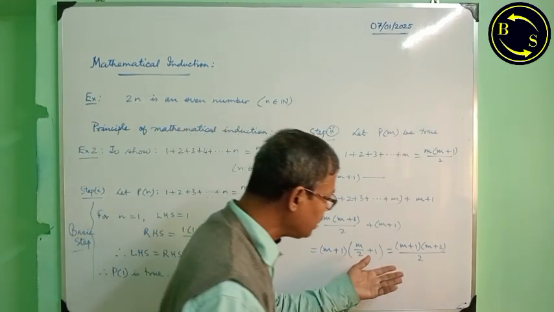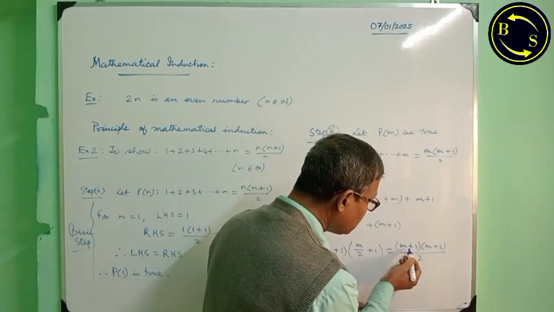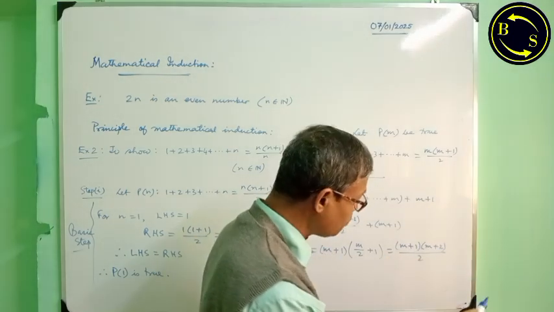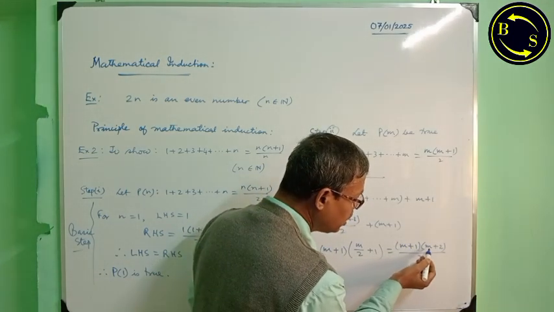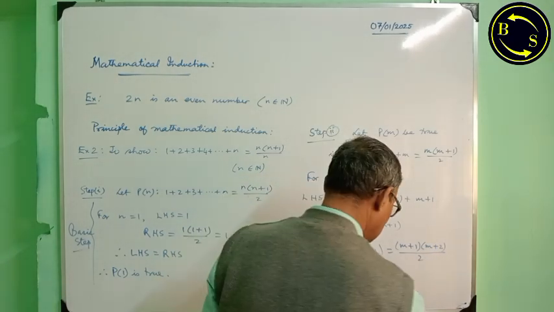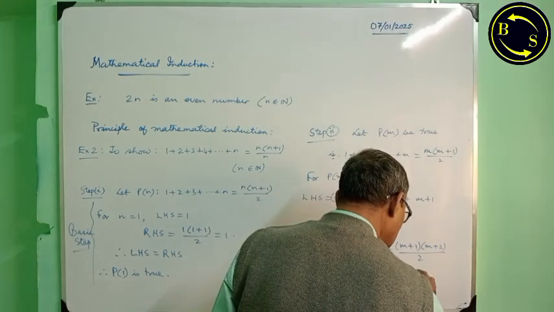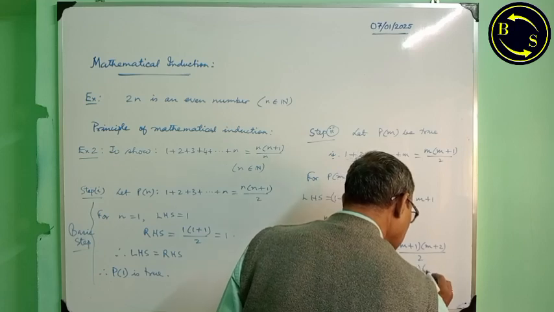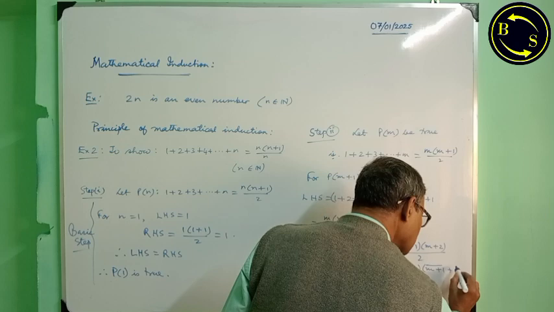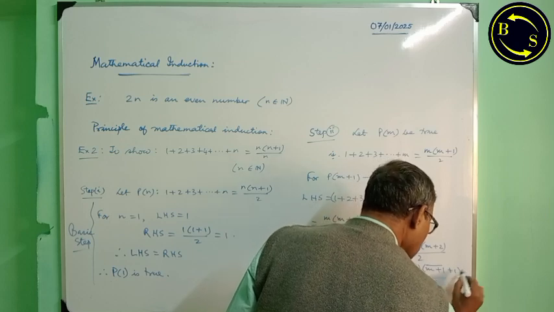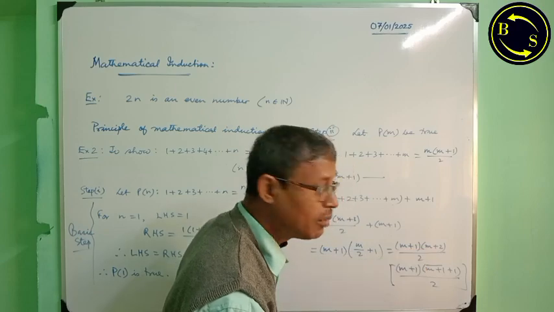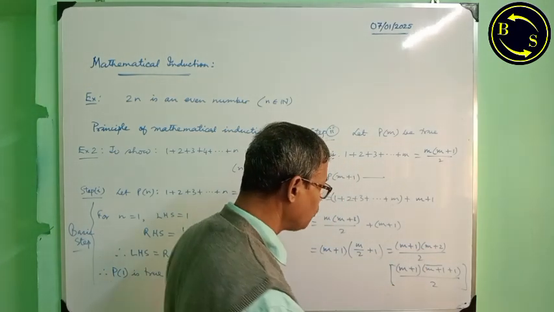Now we find that the product is of two successive numbers, m plus 1 into m plus 2. This is m plus 1 plus 1. This is of this form, m plus 1 into m plus 1 plus 1 whole by 2. That means the numerator is the product of two successive numbers and divided by 2.